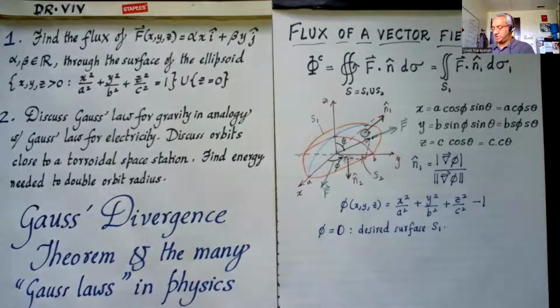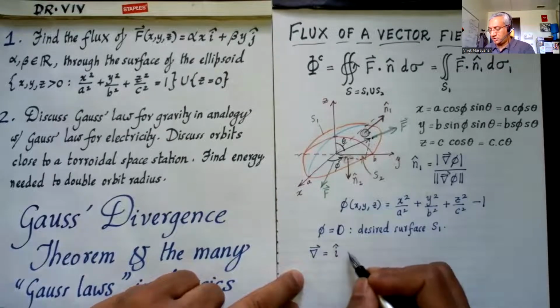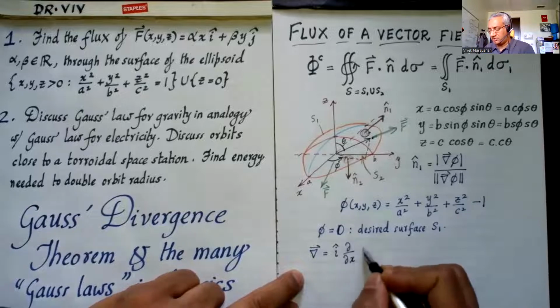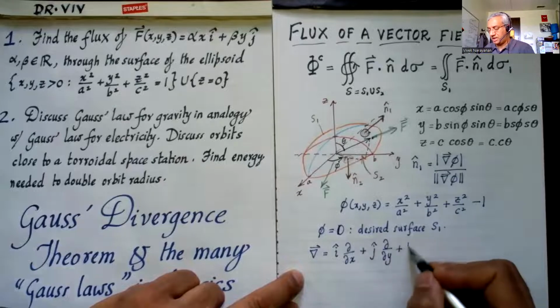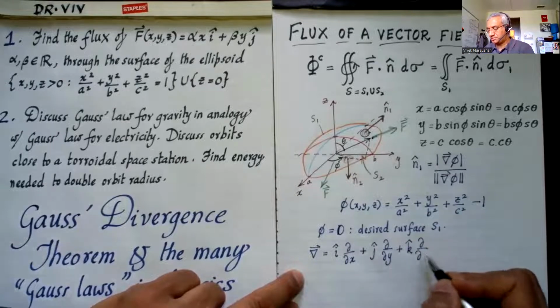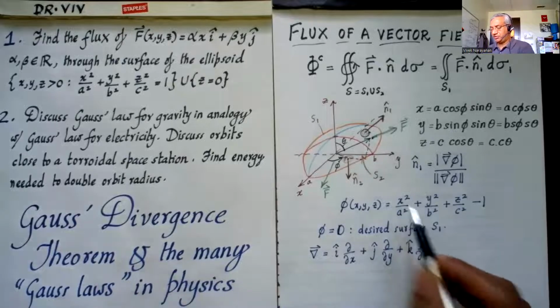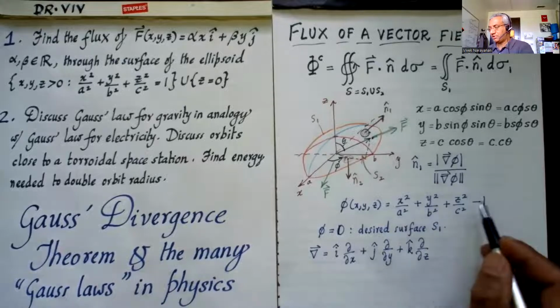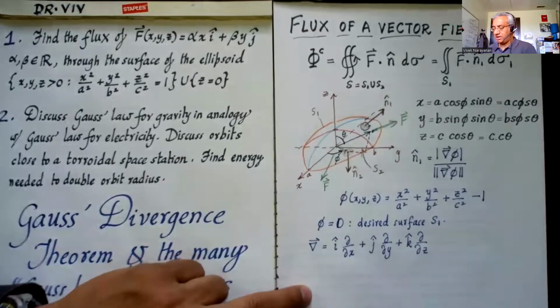Now the gradient, recall what that is. It's i hat del by del x plus j hat del by del y plus k hat del by del z. When I differentiate, this picks up only the first term, this picks up only the second term, that picks up only the third term. Now, instead of writing i hat, j hat, and k hat, I just like to use commas to separate out my components.